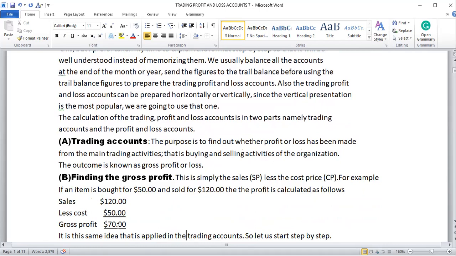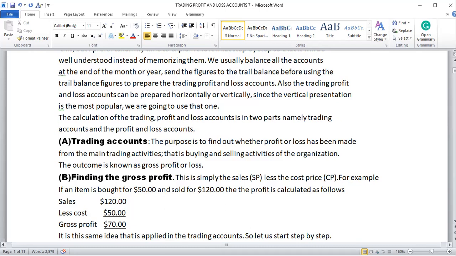So what I'm trying to explain here is that in order to get the gross profit, we take all the trading activities of buying and selling, so that at the end of the day, you get your gross profit. It simply means you take your sales, here you deduct the cost.